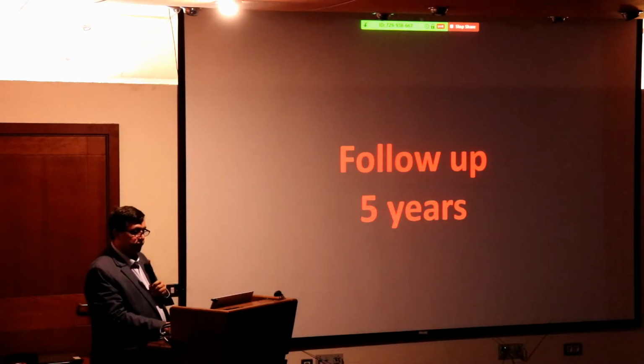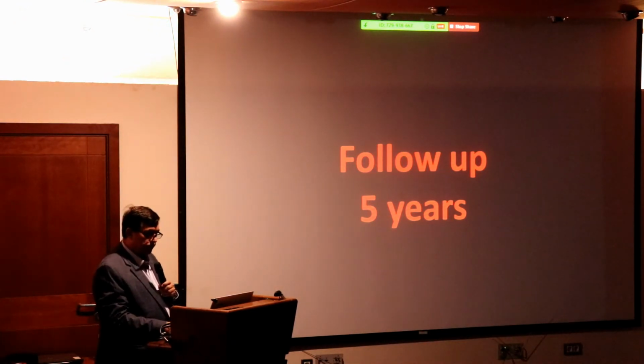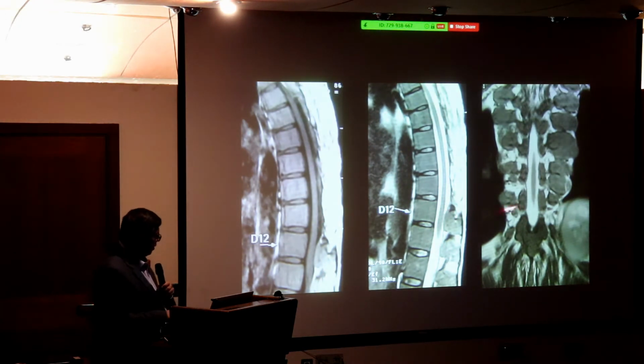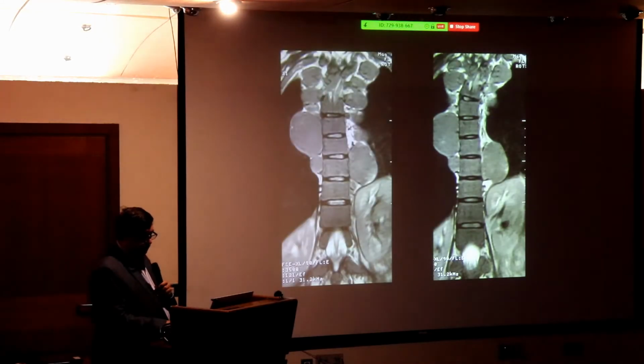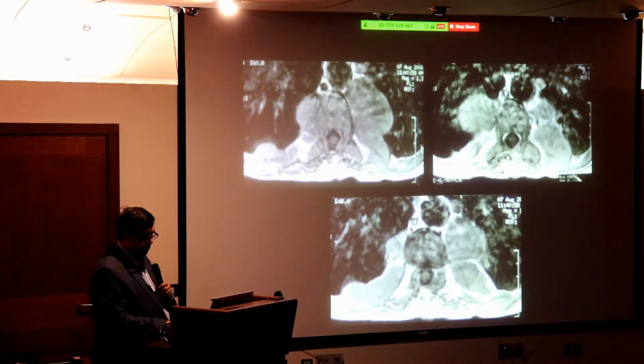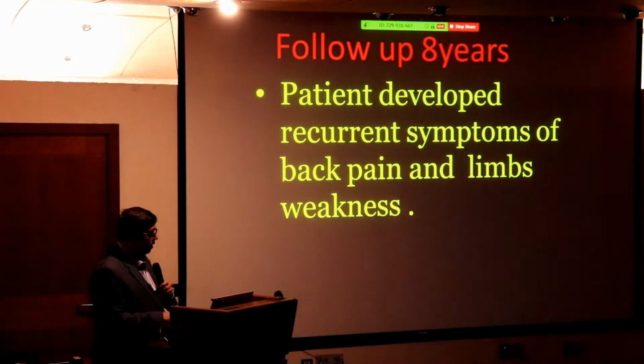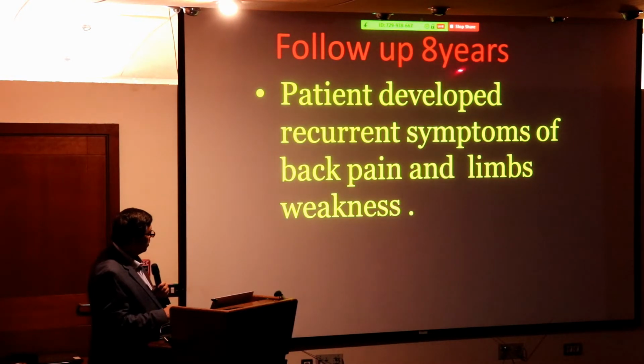We followed her up for 5 years. Again, of course the lumps are still there, the disease is still there, but there is no cord compression. And we continued with her for 8 years.